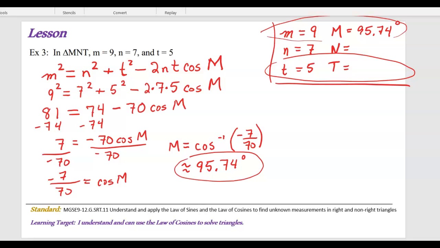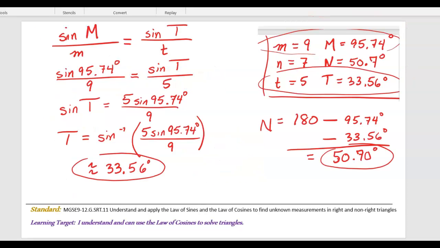Try this on your own, and then check your work by my work. Right, and there we are. So angle T is 33.56 degrees. And then to find angle N, you take 180 minus the two angles you do know, 50/70. And there you are. You've solved.